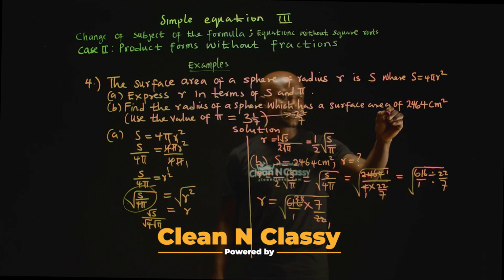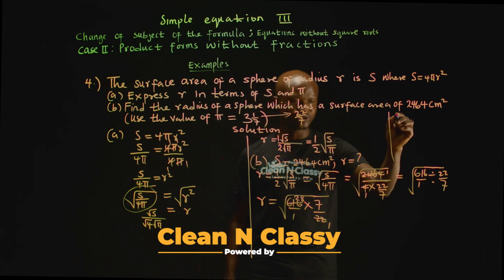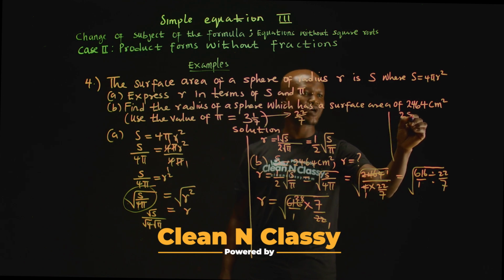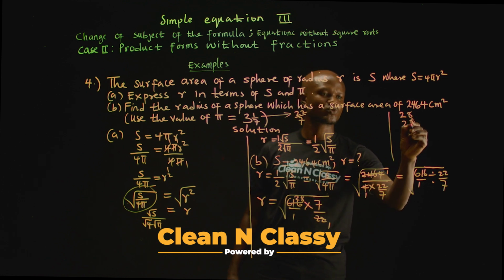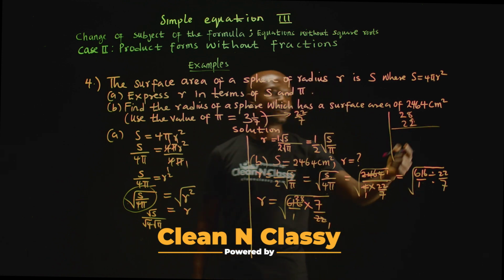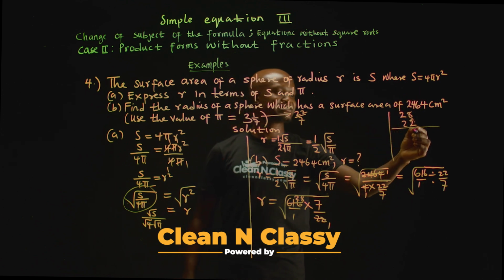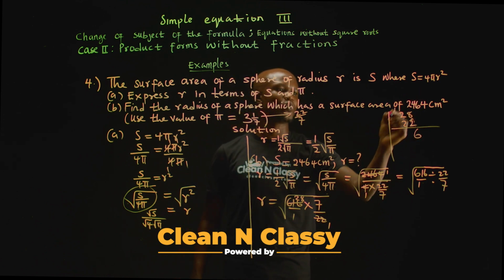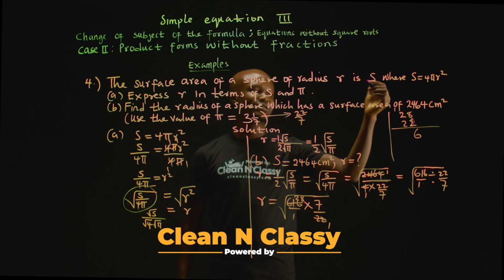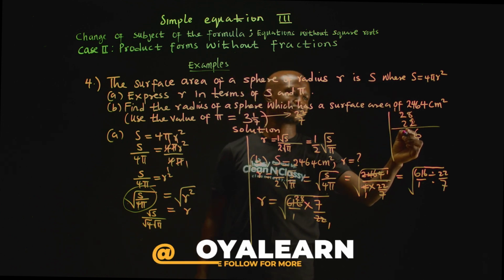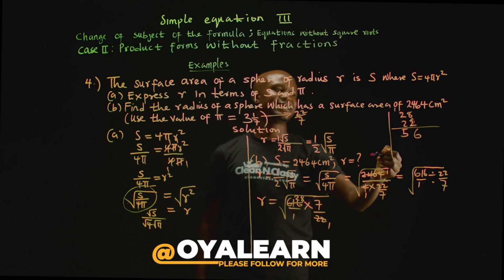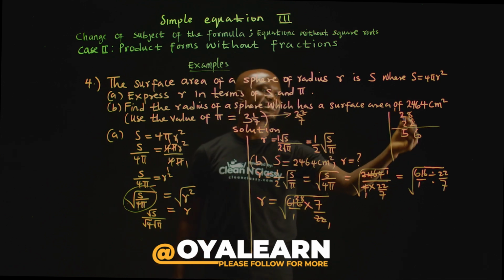Let me multiply out 22 times 28. What will I have? 2 times 8, 16. Then I will carry 1. 2 times 2 is 4, 4 plus 1, we have 5. Then using 2 again, 2 times 8, 16. I will carry 1.